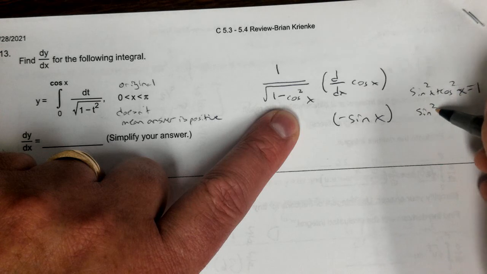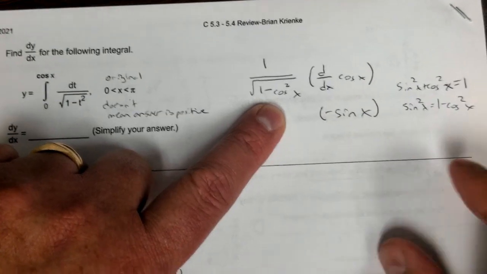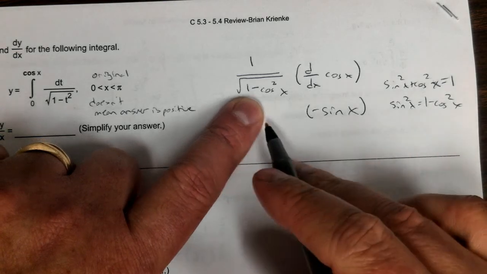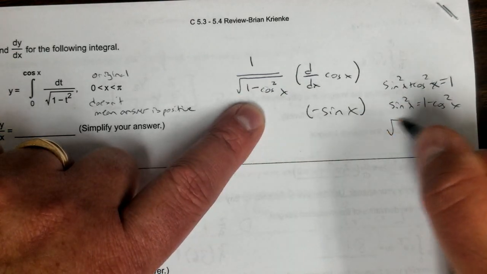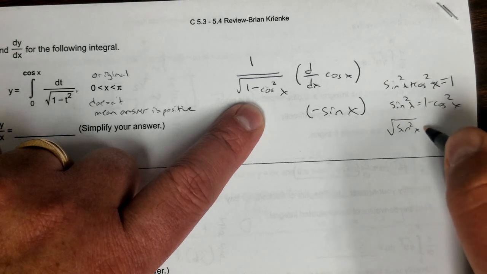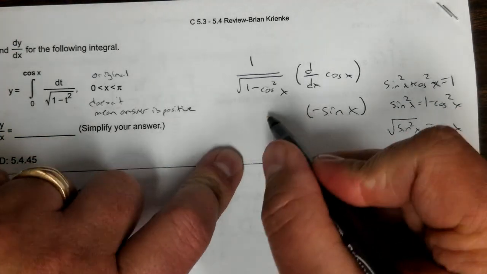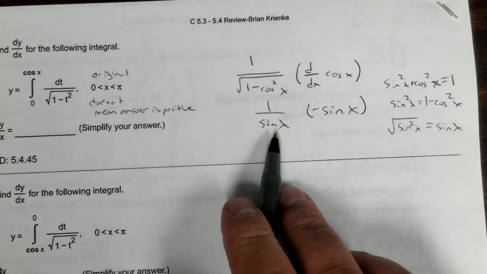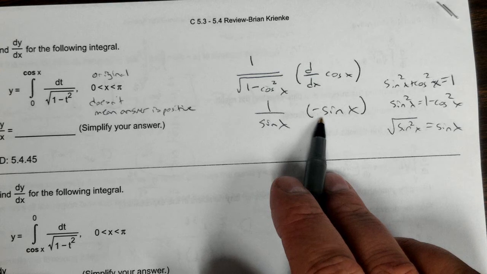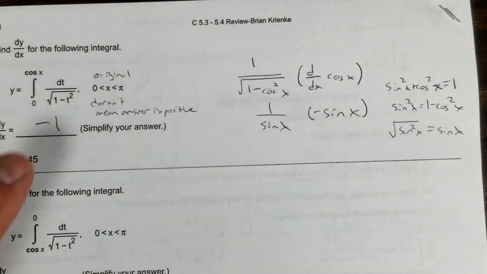So sine squared x is 1 minus cosine squared x. And so then this part is going to be the square root of sine squared x, which is sine x. So we have 1 over sine x. Now, since we have 1 over sine x times negative sine x, this answer is going to be negative 1.